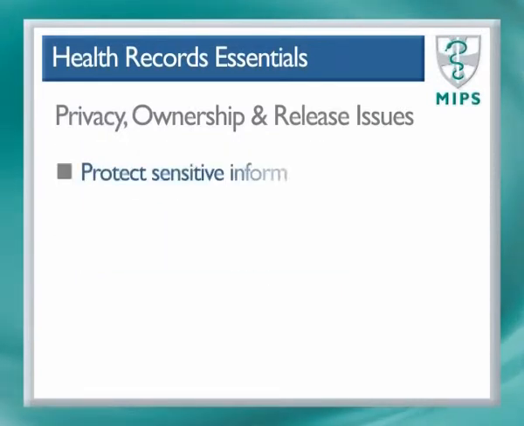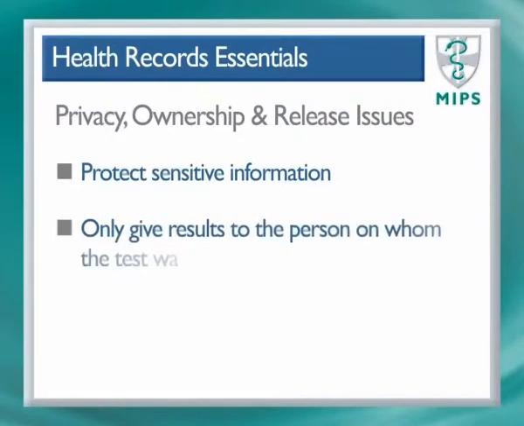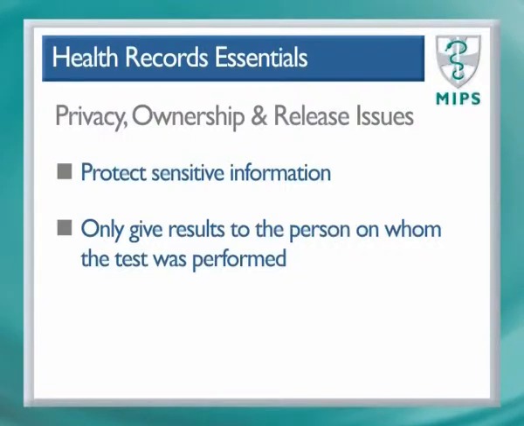However, protect sensitive information and only release this information to other practitioners when medically necessary. Only give results to the person on whom the test was performed. Exceptions to this include children, patients with intellectual disability, or other incapacity such as unconsciousness, dementia, CVA, etc.